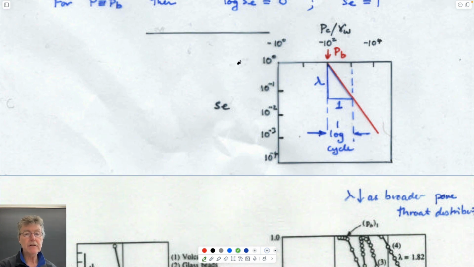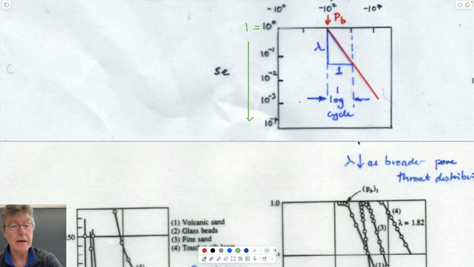Effective saturation equals 1, and it equals progressively smaller numbers, going down to 0.1, 0.01, etc. The gradient of this is equal to 1 log cycle, so this is a bubbling pressure of 10 to the minus 2. It would be in units of length, either centimeters or meters, because it's divided through by the unit weight of fluid. And this represents that ordinate, and so you can describe the expression that represents that.